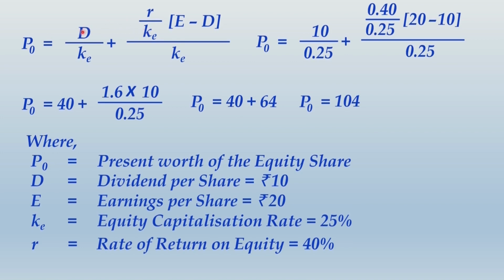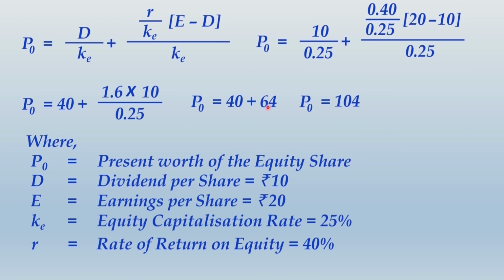So this is 10, and this adjusted value is 16. Each of these values when you divide by K, because these are the earnings for the shareholders, so 10 by K or 10 by 0.25 will give you 40, and this term will be 16 by K, 16 by 0.25 will give you 64.